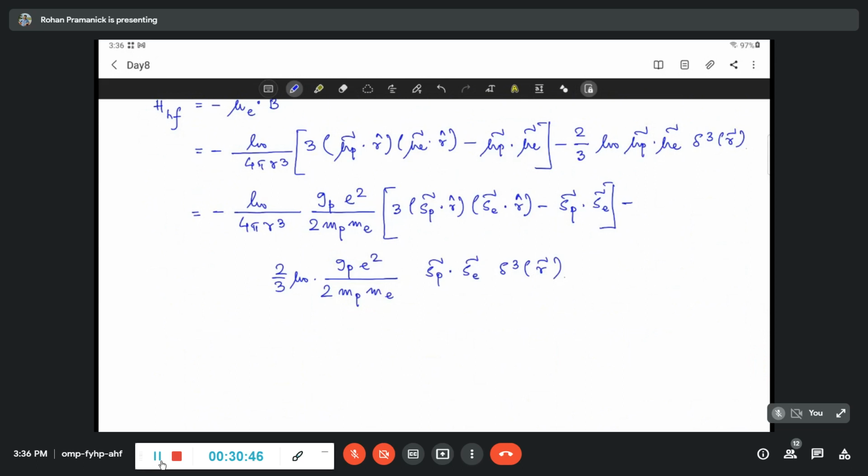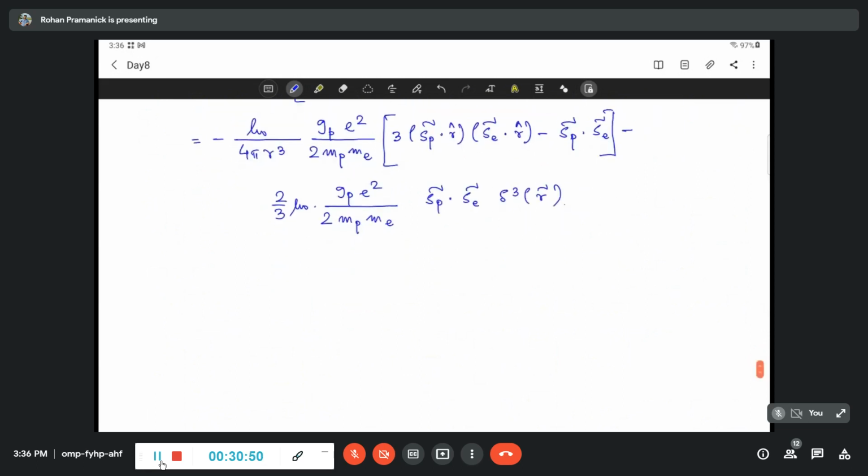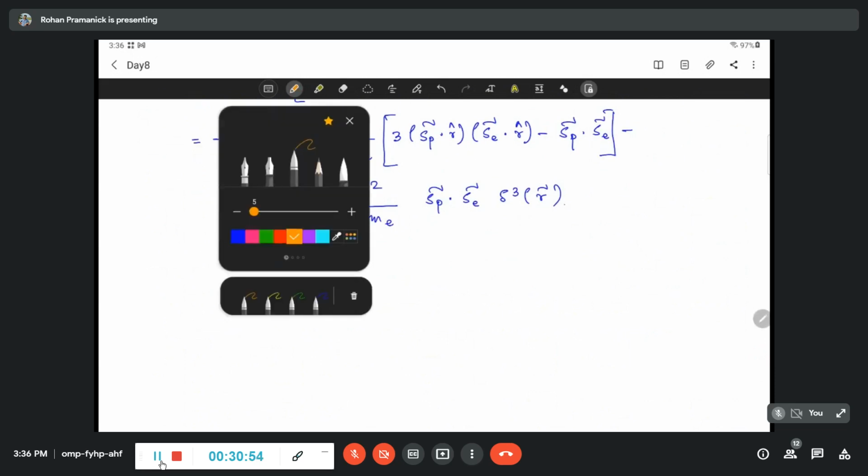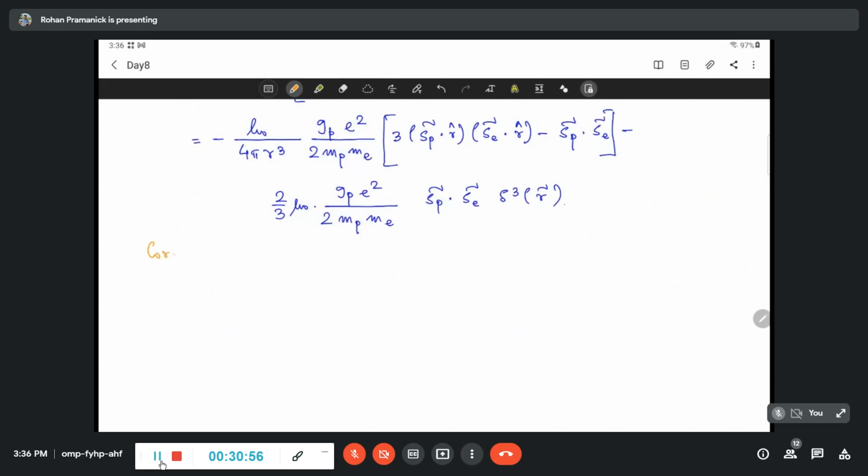And now what you have to do is find out the expression for the correction in energy eigenvalues due to hyperfine splitting.